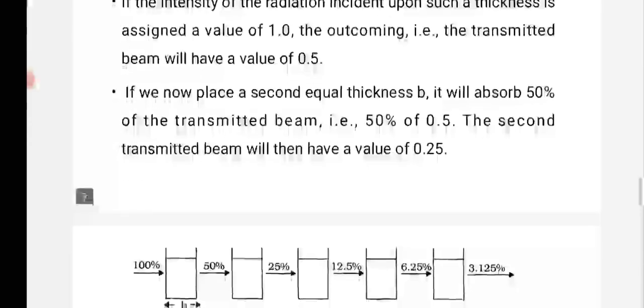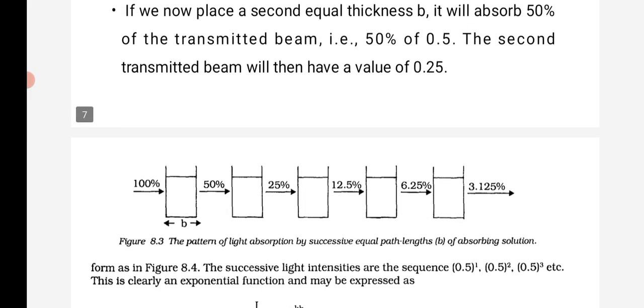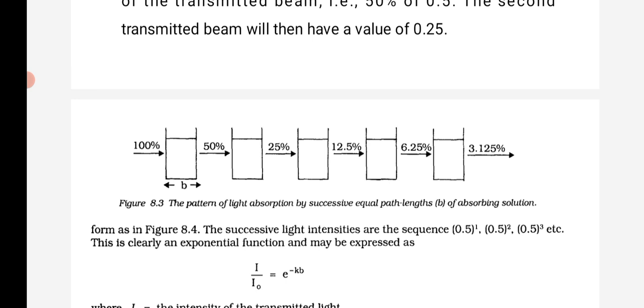So this structure shows that in the case of the sample material, we start with 100% of the incident light. Once the beam is transmitted through the solution, the absorbing material thickness gives 50%.